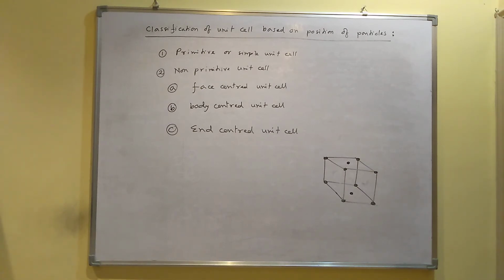It is called face-centered when the particles are present at the corners and at the center of each face. It is called body-centered when the particles are present at the corners and at the center of the cube. And it is called end-centered when the particles are present at the corners and two alternate faces contain particles.